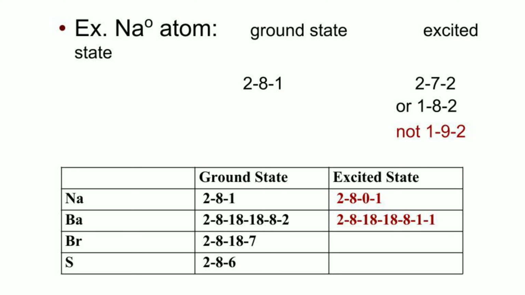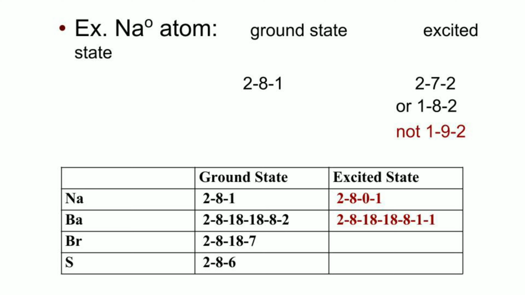Barium is element number 56. When we make its excited state, notice how we took the valence of 2, removed 1 electron from that shell, and moved it to the next principal energy level. This is always an acceptable way to write the excited state electron configuration.